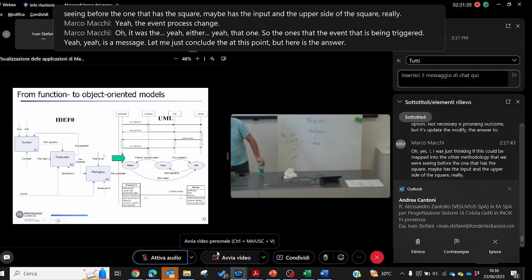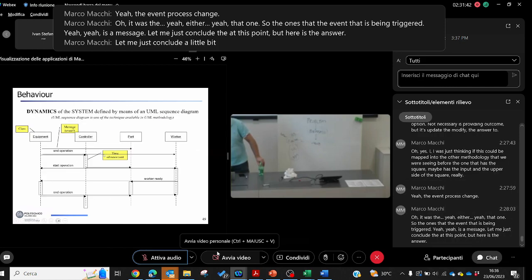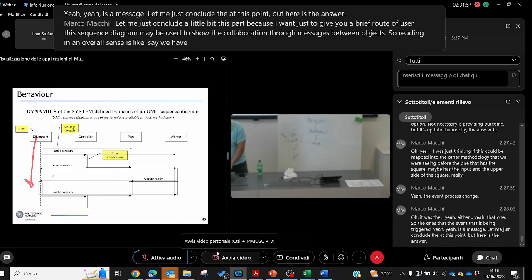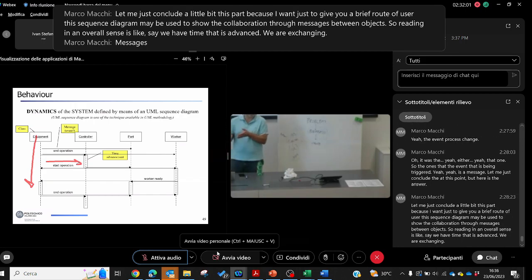Understood. Let me conclude this point, because I just want to give you a brief note on it. This sequence diagram may be used to show the collaboration through messages between objects. Reading in an overall sense, time is advancing, and we are exchanging messages, which can be seen as events.